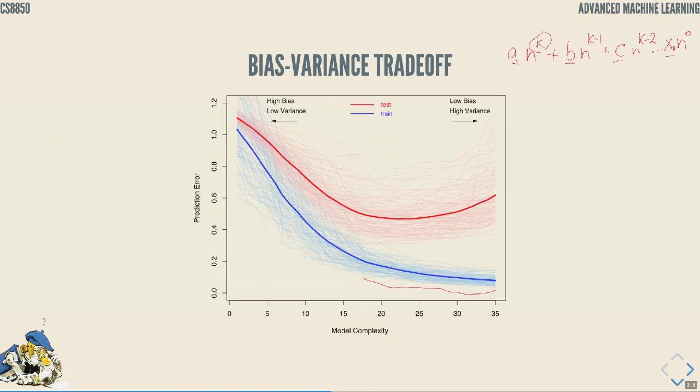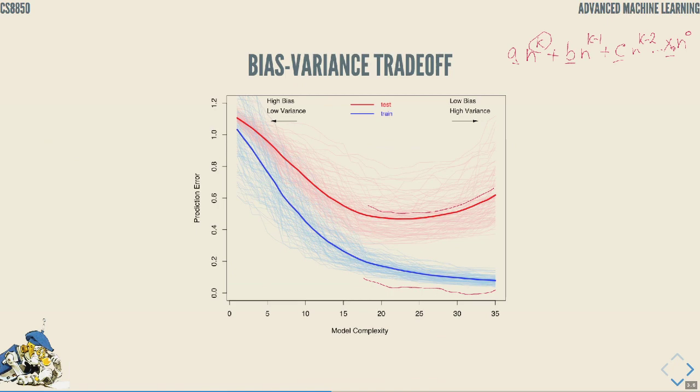Well, anyways, at the same time, that line is the test error, and as you see, another thing is, depending on the data subset, those little thin lines are different data subsets that you chose to train, or different splits of your data into train and test.